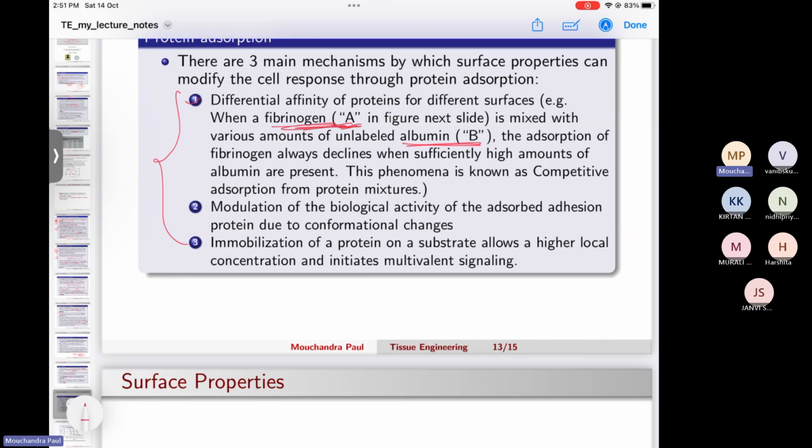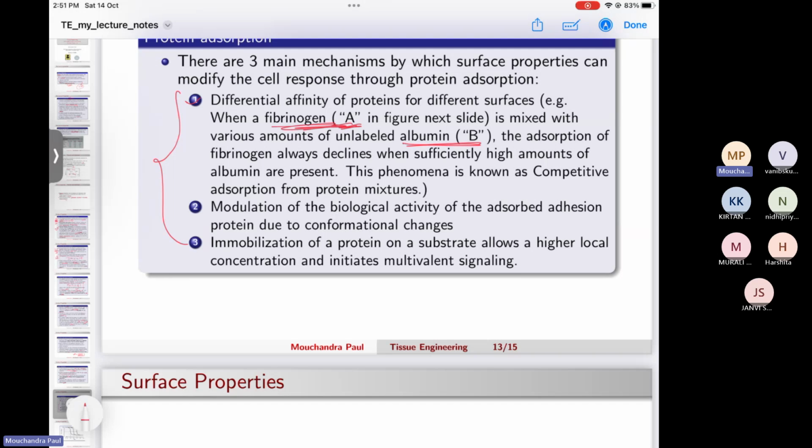In this experiment, they radiolabeled the fibrinogen, whereas albumin is not labeled, and a mixture of albumin and fibrinogen is created, and the relative proportions of these two proteins are varied.